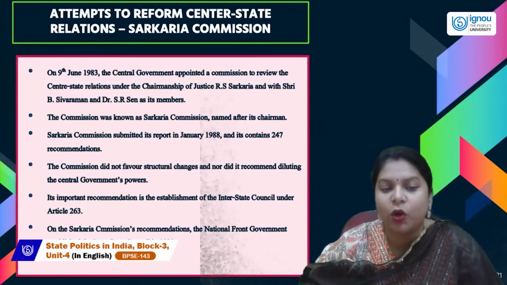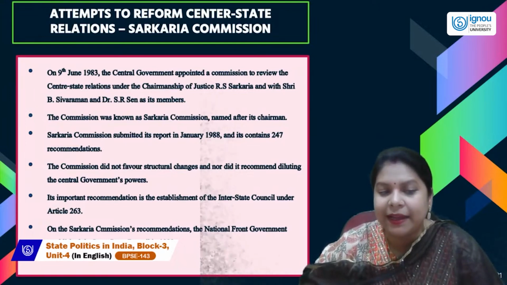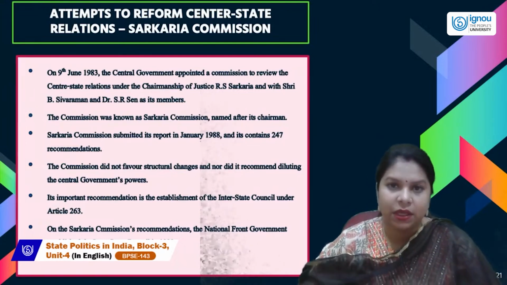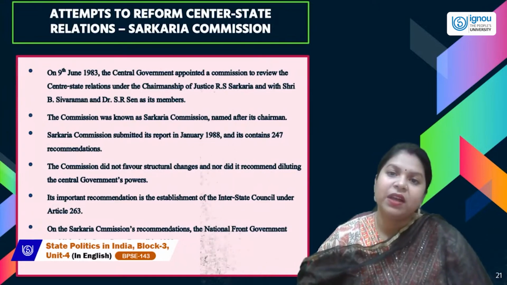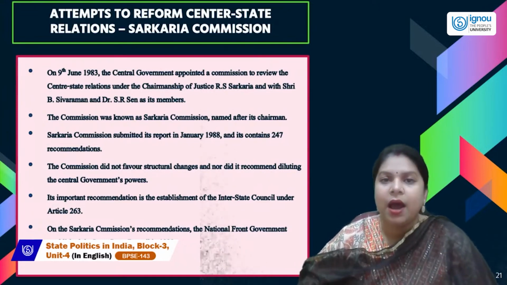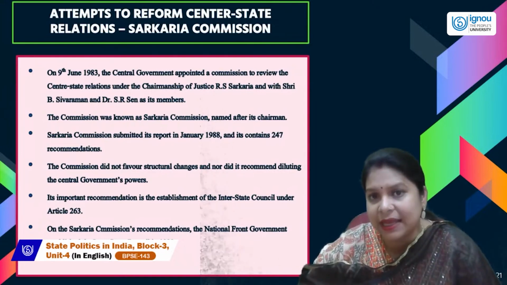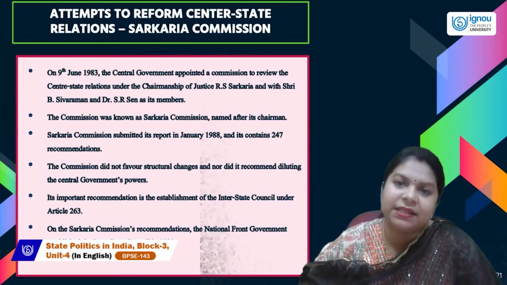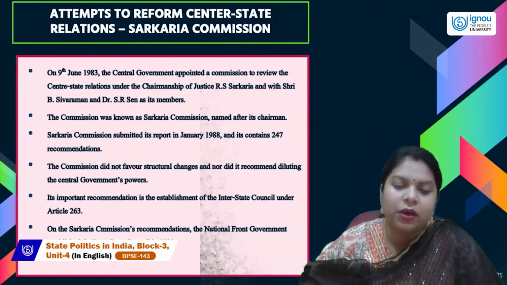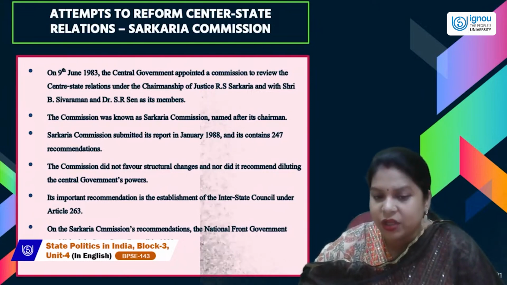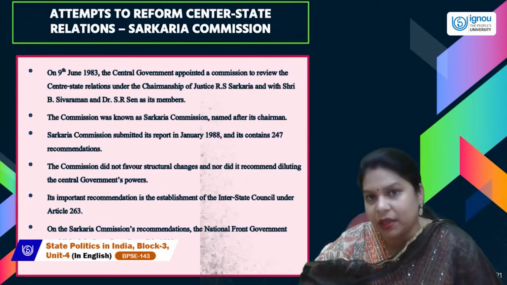The commission did not favor structural changes, nor did it recommend diluting the central government's powers. An important recommendation is the establishment of the interstate council under Article 263. Also, on the Sarkaria Commission's recommendations, the National Front government established the Interstate Council in 1990.